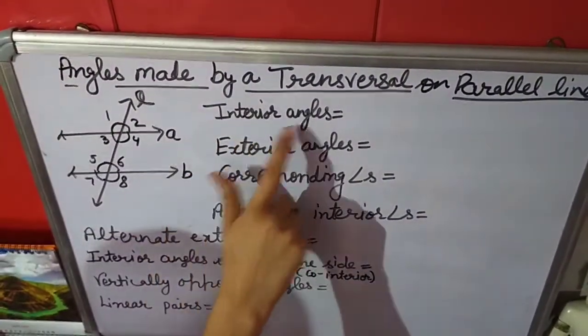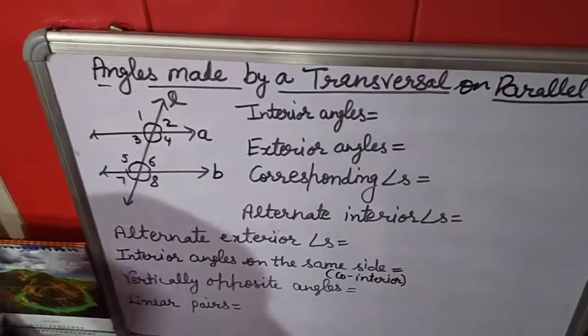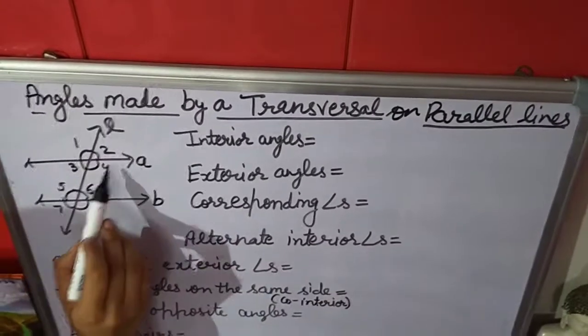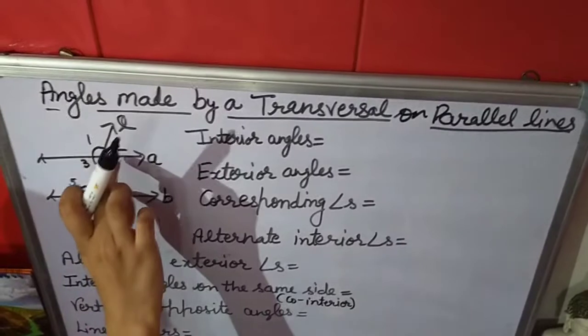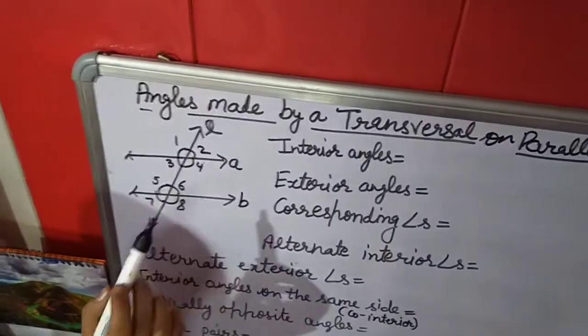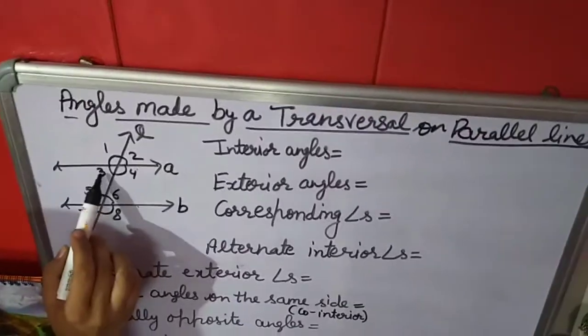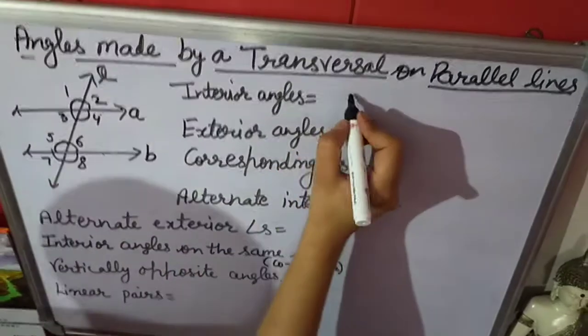First is interior angles. What are interior angles? Those angles which are coming inside the two parallel lines. इन दो parallel lines के जो बीच में आ रहे हैं, those angles are called interior angles: angle 3, angle 4, angle 5, and angle 6.